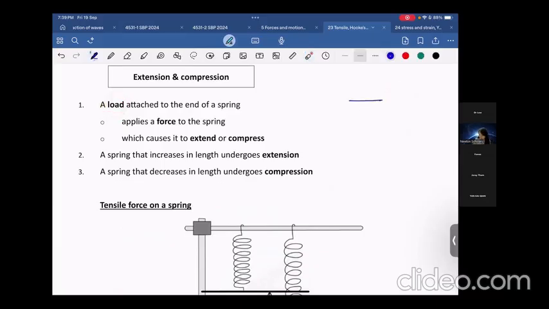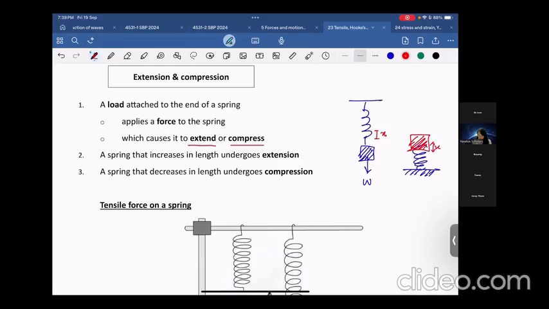If you have a load here, it will pull down, or extend. Not only like this, the spring can also be put on the ground, and then we put the object on it, so it will cause a compression. This one is x. It will extend x, so it will cause extension or compression. When we apply a load, we give weight pulling down or pressing down.